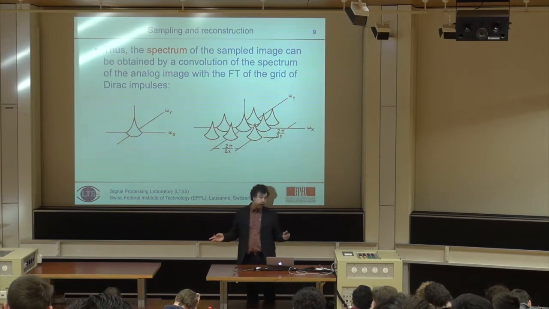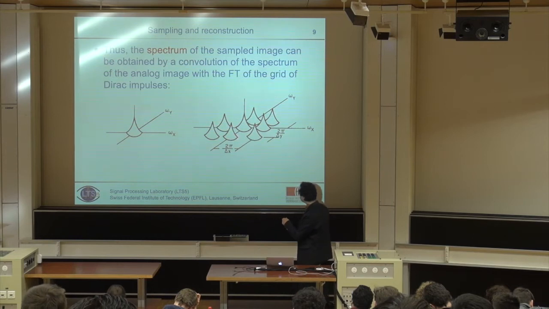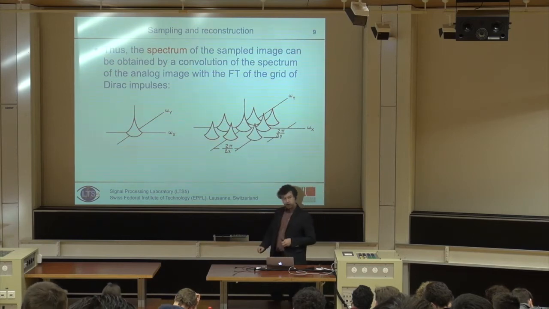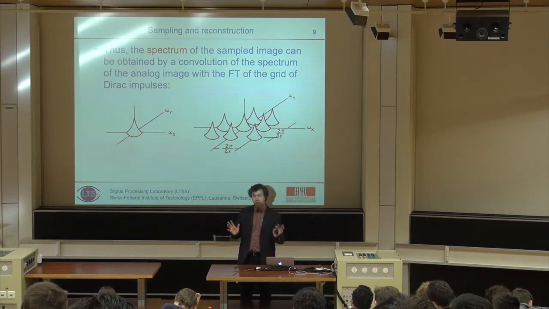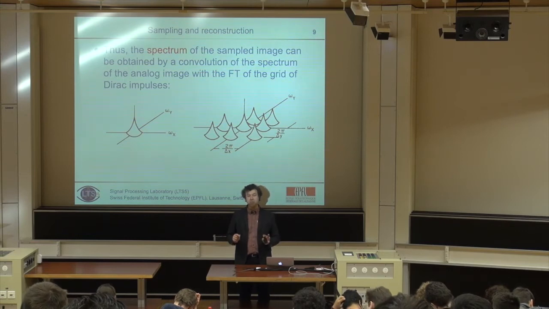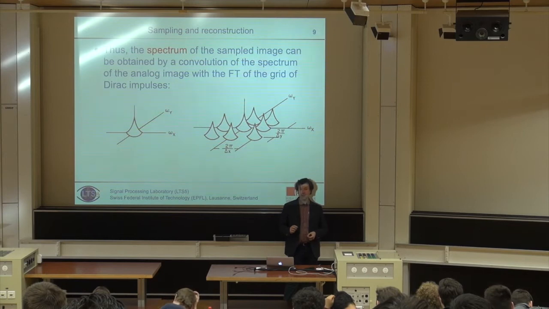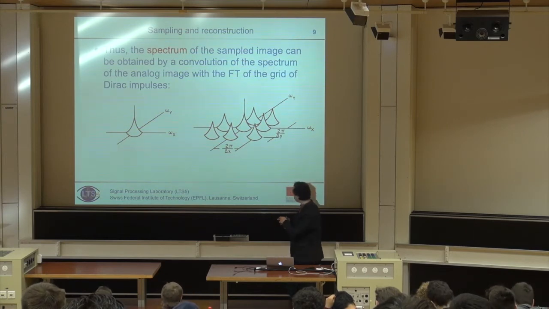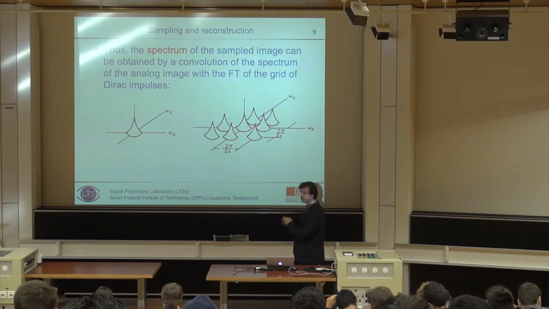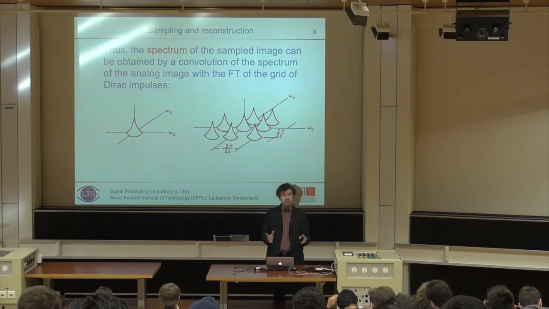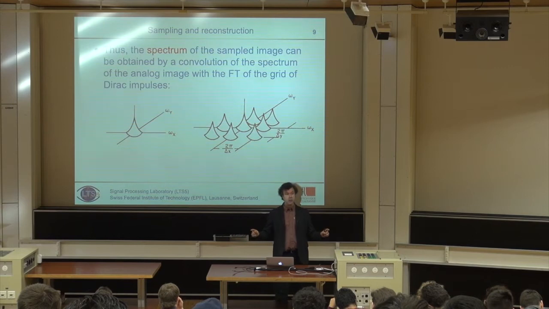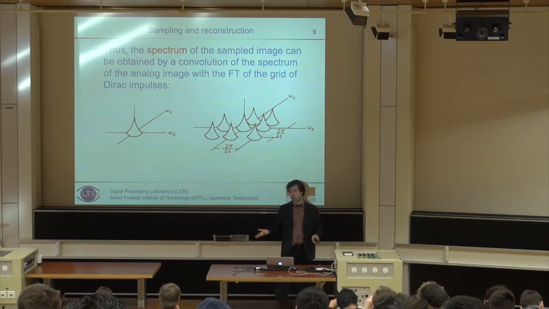And then you see immediately what can happen, very much like what you have in 1D. You can then, for instance, reconstruct the analog image. This is the sampling theorem. If you manage to sample your image in an appropriate way, according to Shannon's theorem, then you can reconstruct your image by isolating the middle peak, very much like what you do when you do the optimal reconstruction by the correct interpolation of your analog signal from a digital signal in 1D.